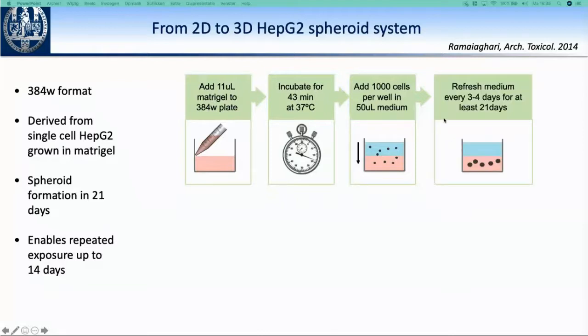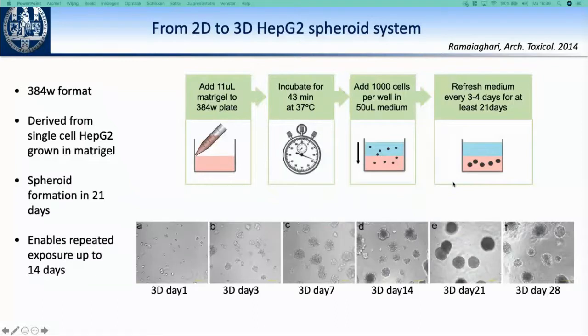And then after plating, the medium is refreshed every 3 to 4 days, for at least 21 days. This enables them to form spheroids within this Matrigel layer. This is how it looks. First on day 1, they're still single cells. It's essential that they are single cells, because if you already have some clumps, then they will form bigger spheroids in the end.